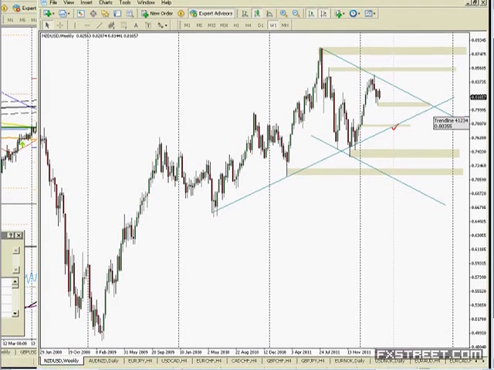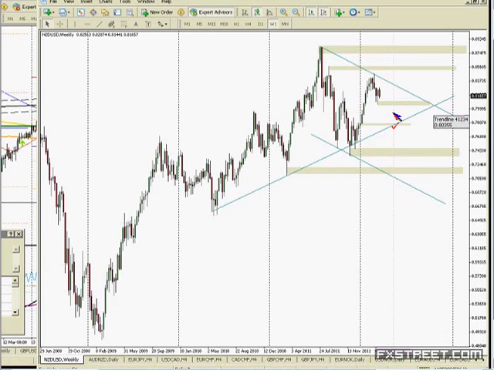Okay, so the crosses of lines are important in terms of timing, because many times, especially in higher time frames, the crossover points between levels are turning points, or at least decision points.